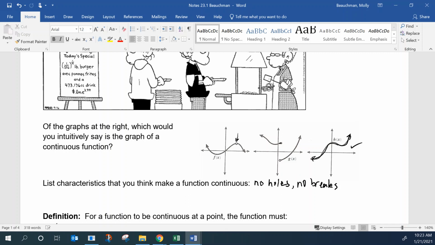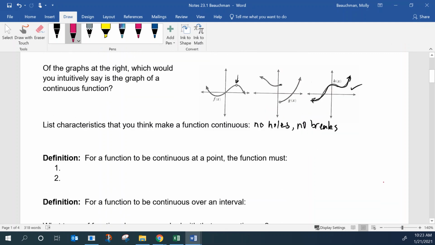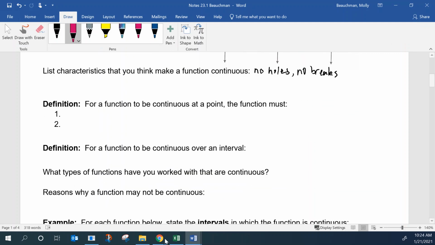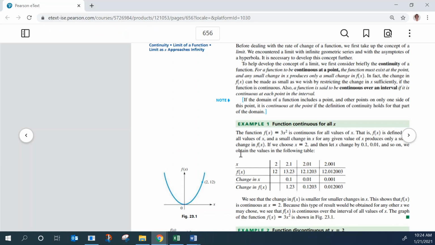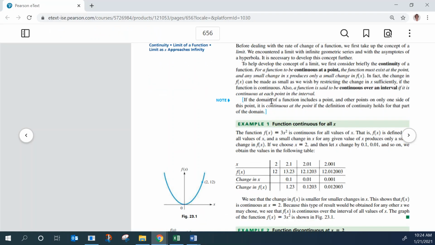So what does that mean mathematically? Or what is a better way to say that using mathematics? If you take a look at our definition in the textbook in section 23.1, let me open our text. When you access your textbook on MyMathLab, it says to help develop the concept of a limit, we first consider briefly the continuity of a function.